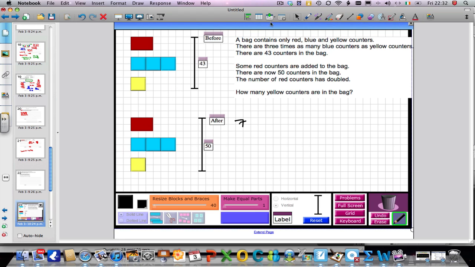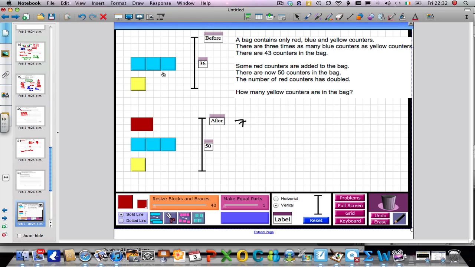So that means if I take this red block out beforehand, then we wouldn't have had 43 counters. I'm going to take away another 7. Taking away 7 leaves us with 36. That means the blue counters and the yellow counters gave us 36. But there were 3 times as many blue as yellow.